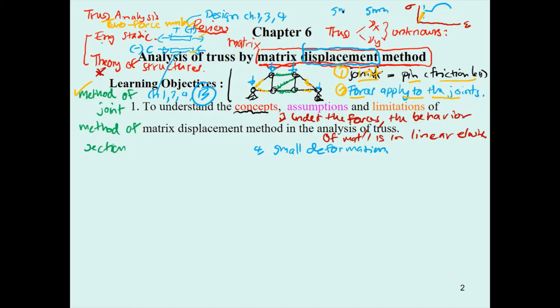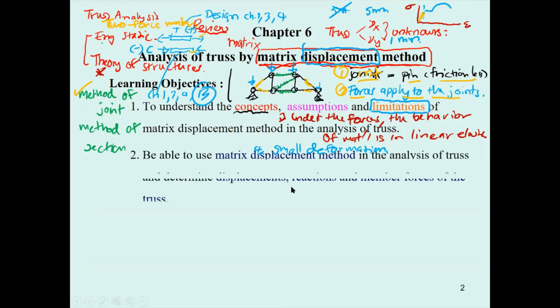It won't be 5 meters. That is wrong. Or it may be just 1 millimeter if the span is short. And the limitation of this method is already included in the concept and the assumptions.